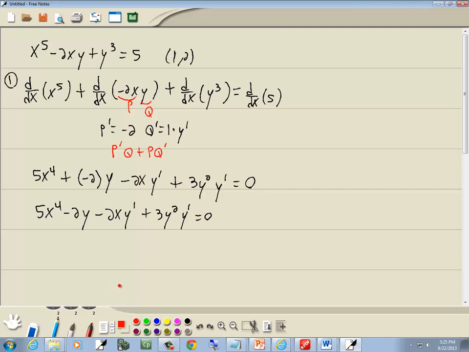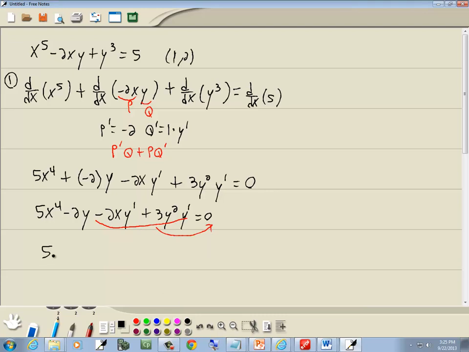First step is get rid of parentheses, don't have any. Second step is get rid of fractions, don't have any. Third step is get everything with y prime on one side, everything else on the other side. Doesn't matter which side you take it to. I'm going to take these y primes and move them to the right side.